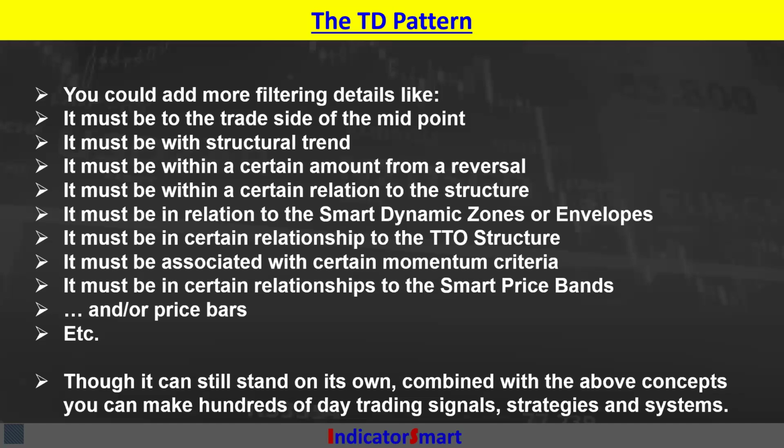It must be in certain relationships to the smart price bands and or the price bars, etc. Any of these could just be simple filtering concepts for any trading system for that matter. Though it can stand on its own, with the above concepts, you could make literally hundreds of different themes and variations of day trading signals, strategies, and systems.